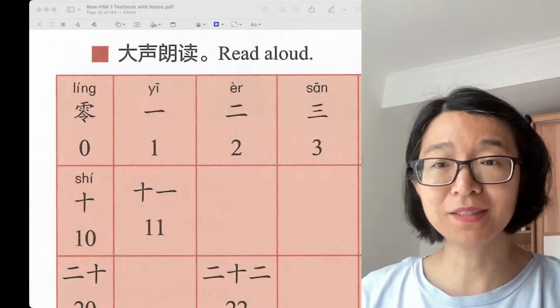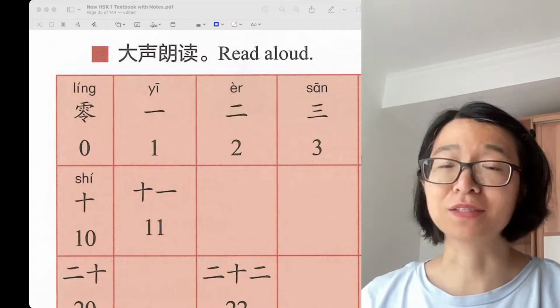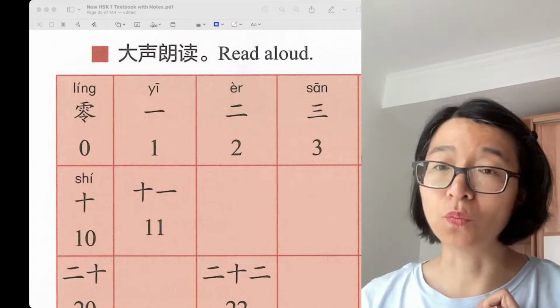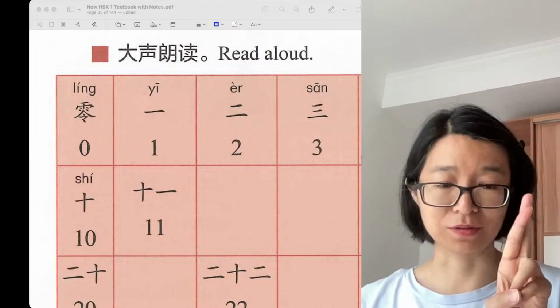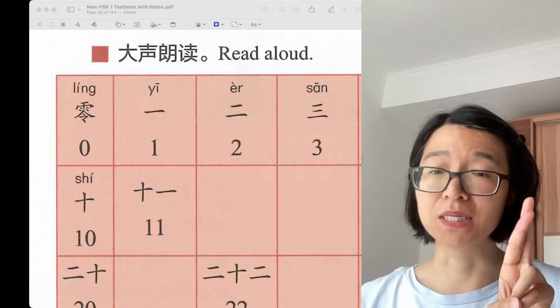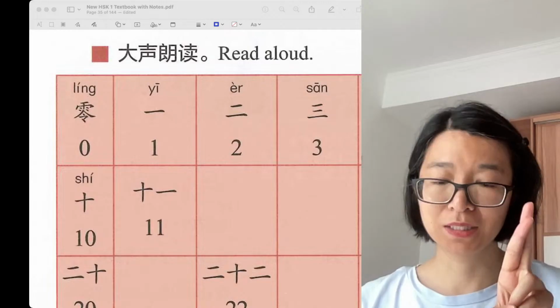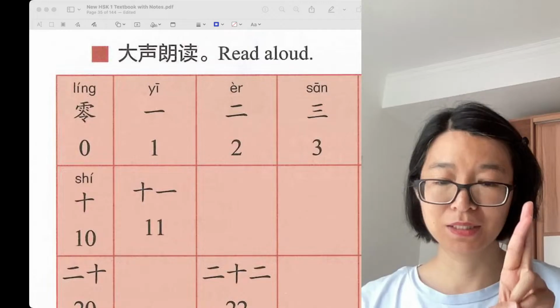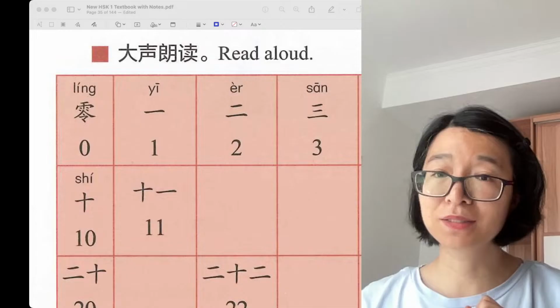And number 10. Number 10 has many ways for hand gesture. If just one hand, these 2 fingers. 十. And also some other ways. You can do it like this.